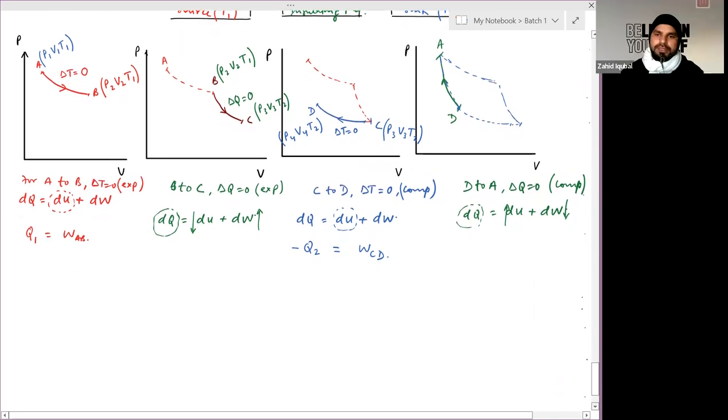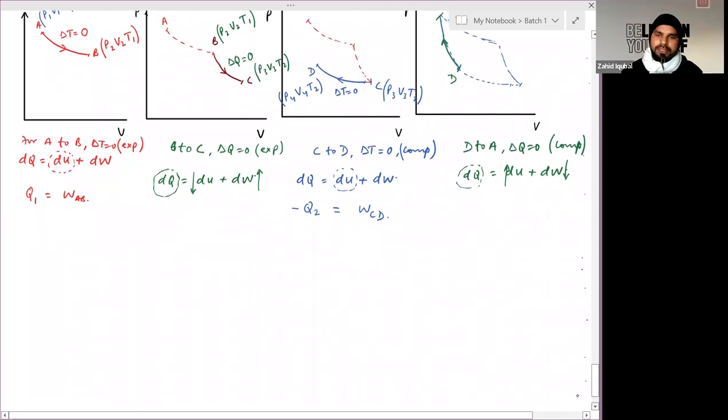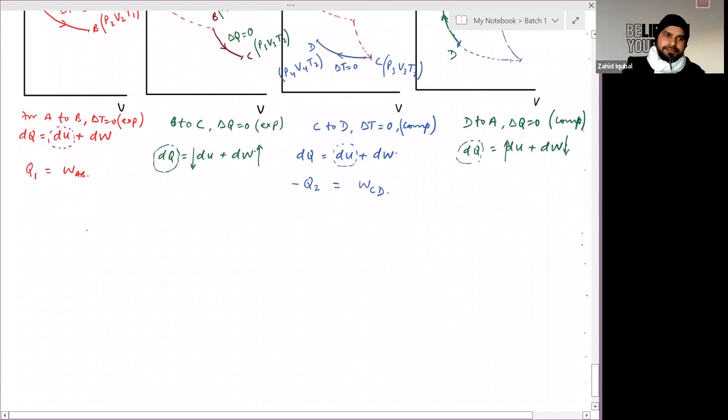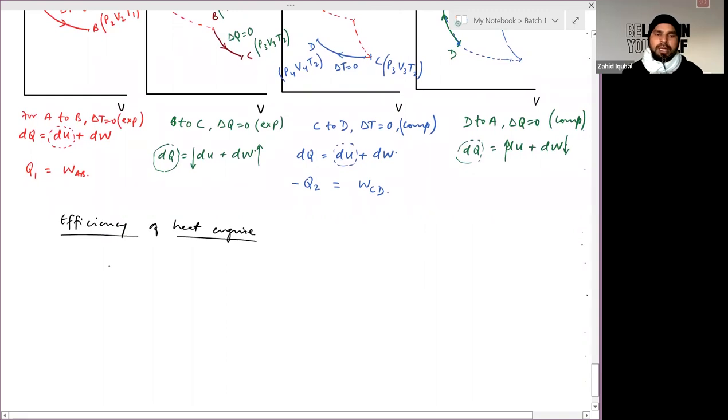Now, related to this entire process, we have to calculate the efficiency of the heat engine. Efficiency is how much useful work it has done relative to the total amount of energy absorbed by it.